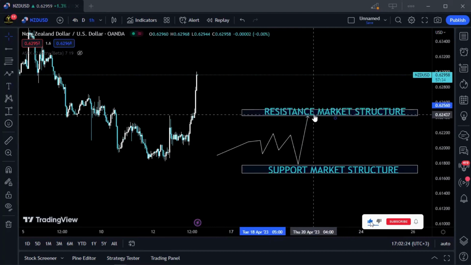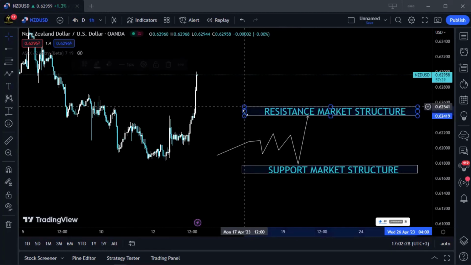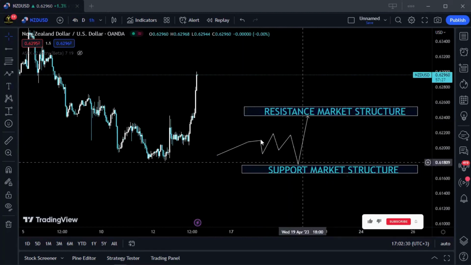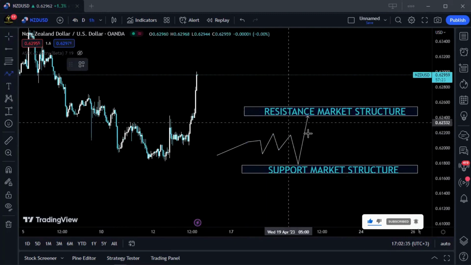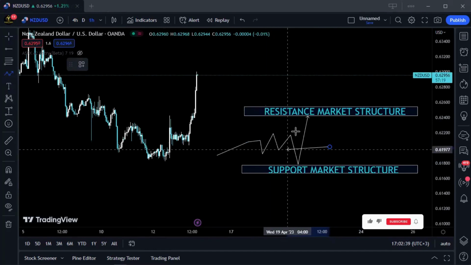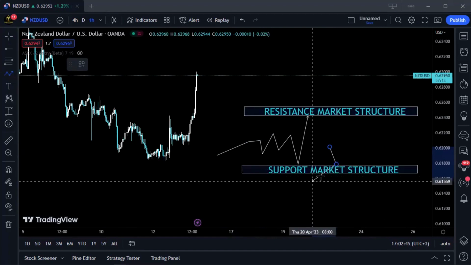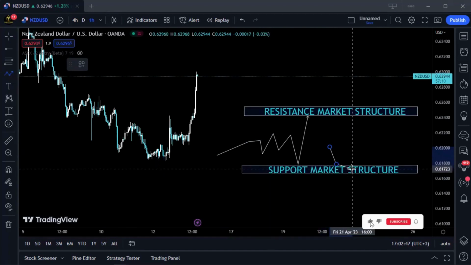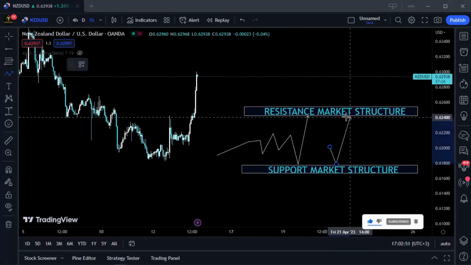Now, they are called support and resistance market structures due to the way they react to the market. Most of the time when prices come down here and find this market structure, which acts as a support, it supports the prices to go higher.